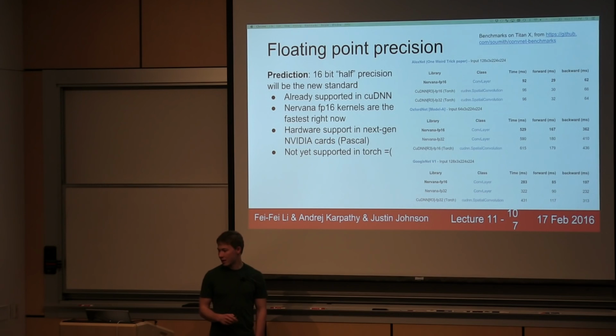But even though you can compute with 16-bit numbers very fast, once you get to 16 bits you might be worried about numeric precision, because 2 to the 16 is not that big of a number anymore. There are not too many real numbers you can even represent.